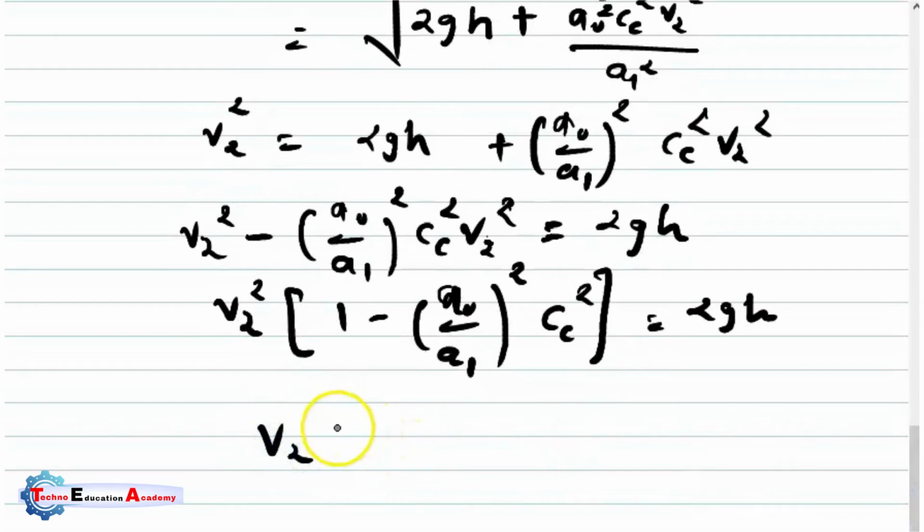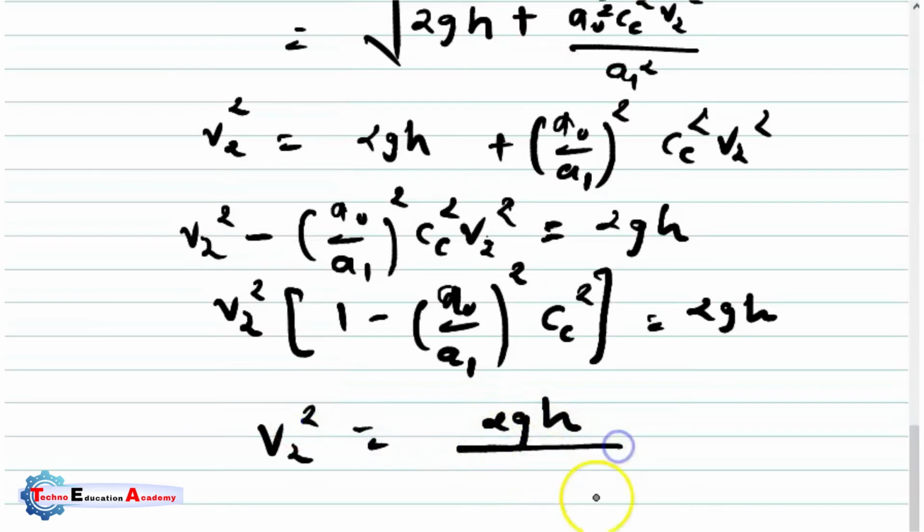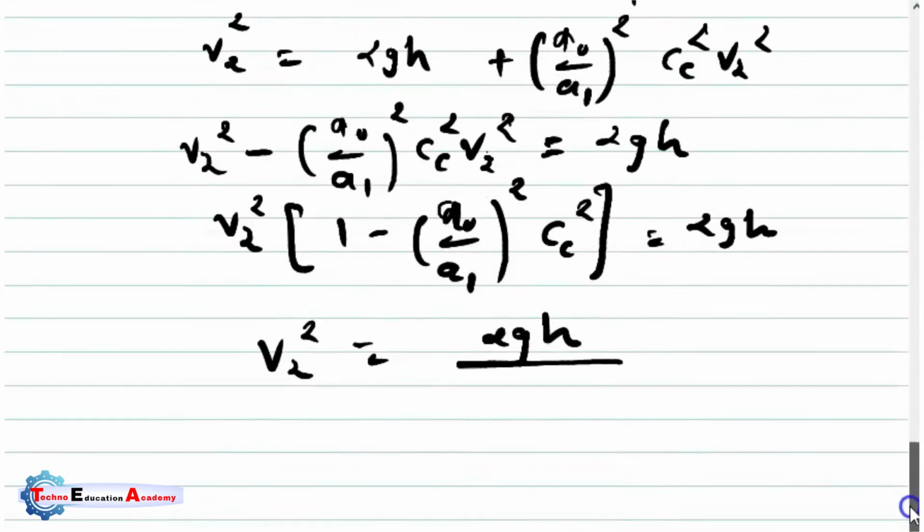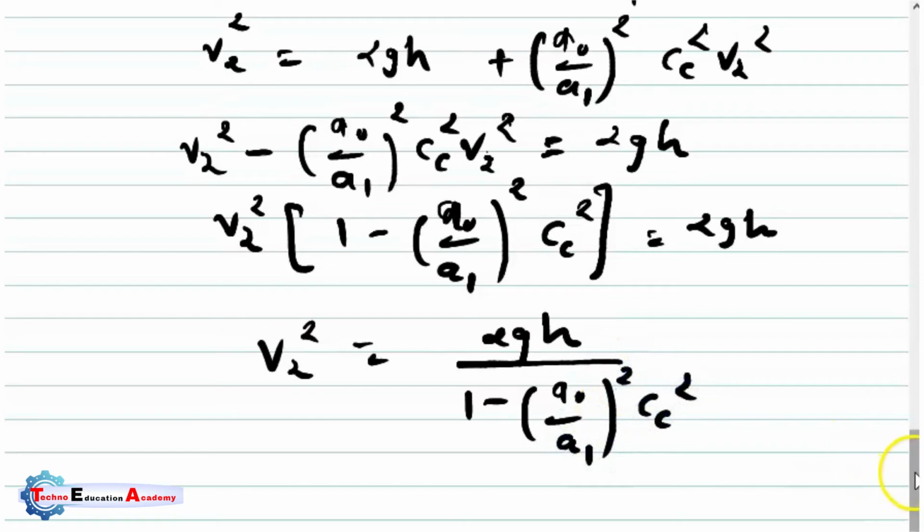Now V2 square is equal to 2gh divided by 1 minus (A0 by A1) whole square Cc square.